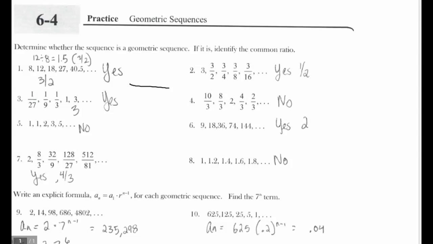So I'm taking this one and checking it. If I take 3 halves and divide it by 3, I get 1/2. And if I take 3/4 and divide it by 3 halves, I also get 1/2.